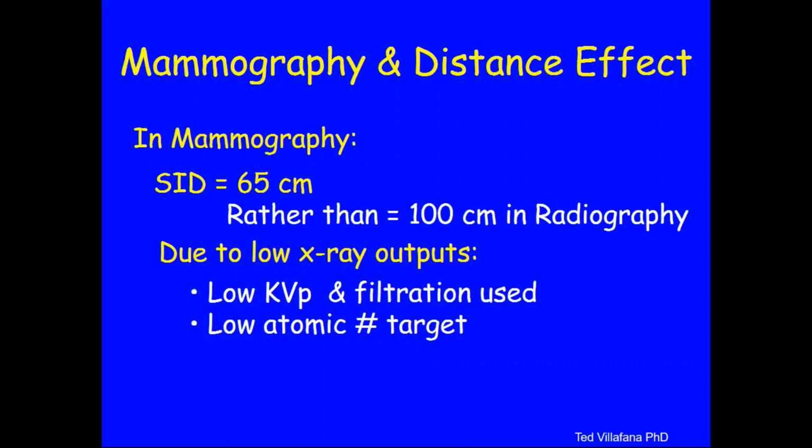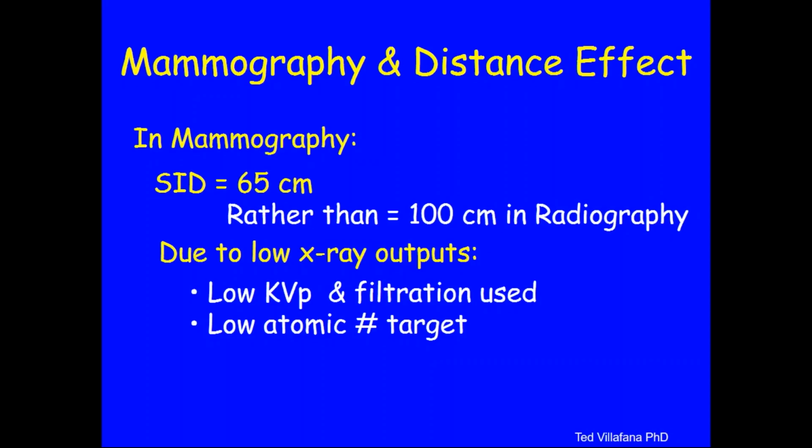So we go to a shorter SID to make up for the fact that we have a relatively low output. And we go to that shorter distance because we don't want to have very long exposure times. Motion kills us. And as it is with these low outputs, we have relatively long exposure times as compared to radiography.